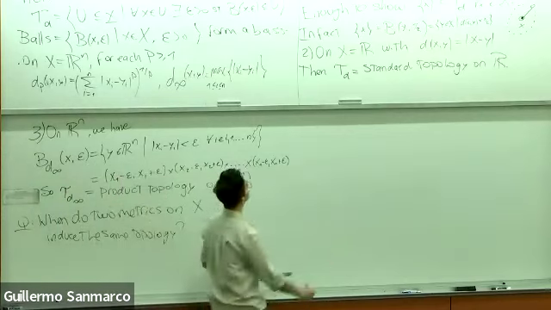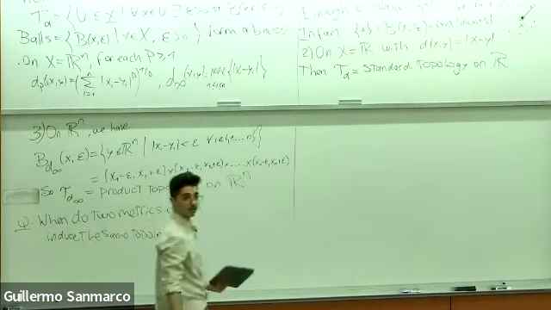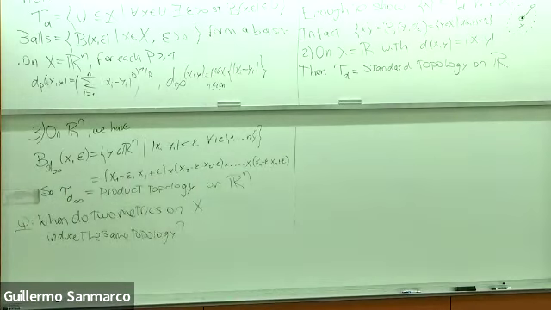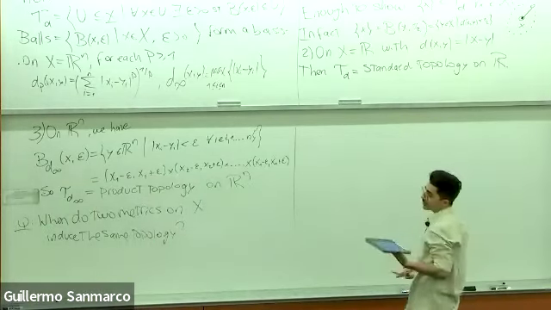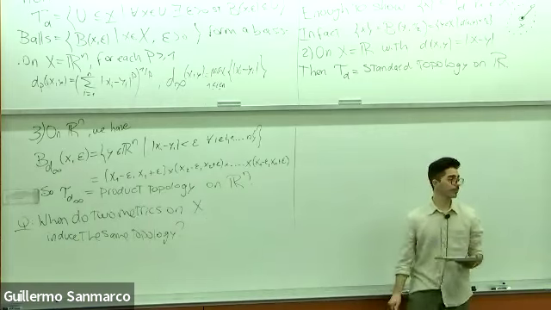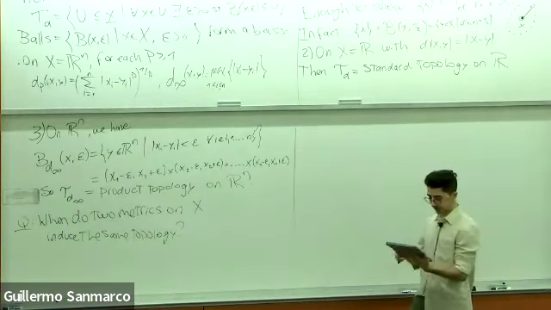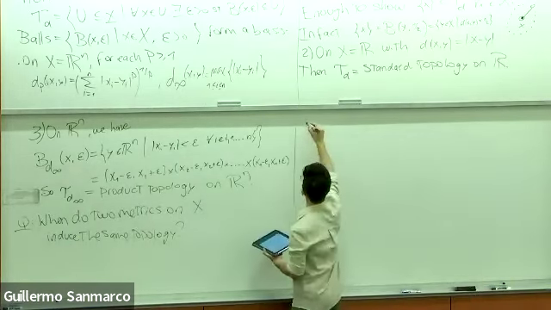It's, I would say, a rather natural question to ask. Each metric will give you a topology. Maybe the topologies are the same. So let's try to say something about that.